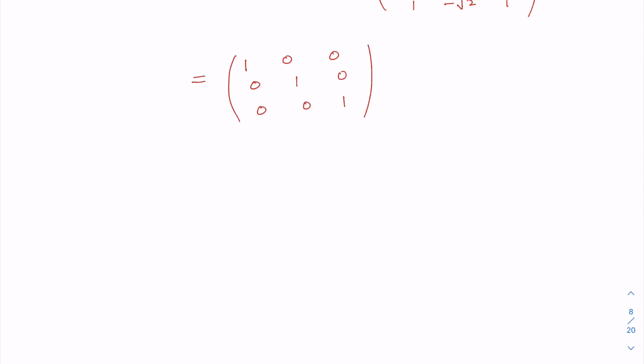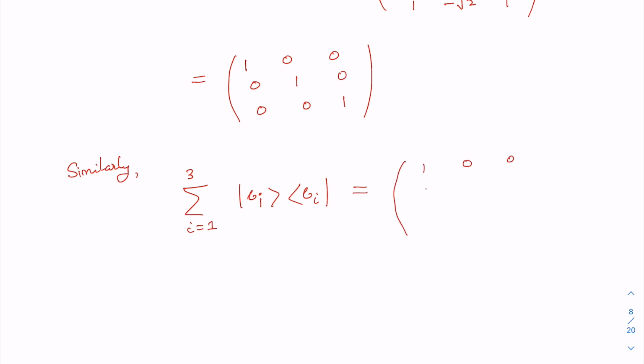Following the same procedure, similarly, you can prove that the set of eigenvectors b1, b2, b3 also form a complete basis, and you will get the identity matrix.